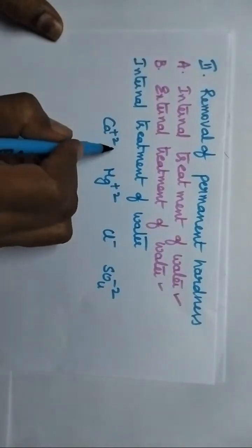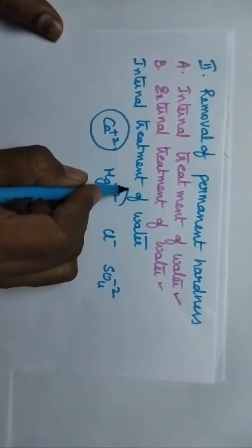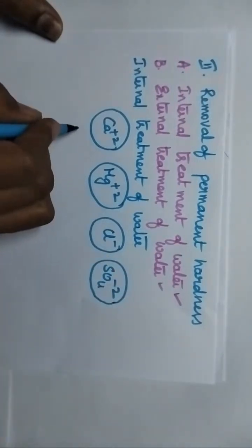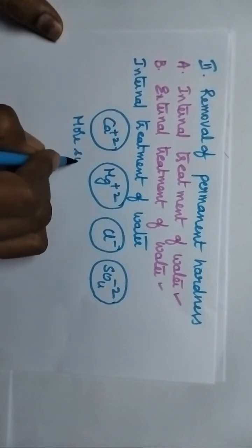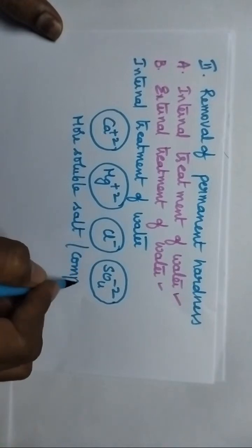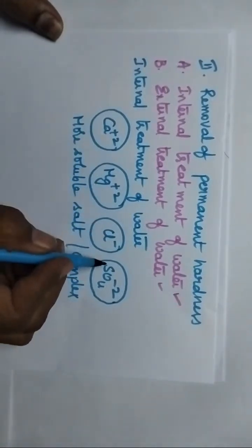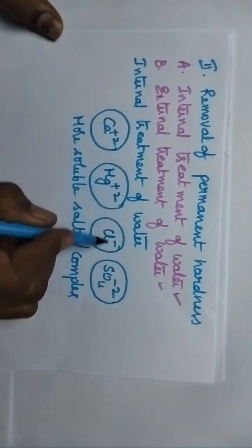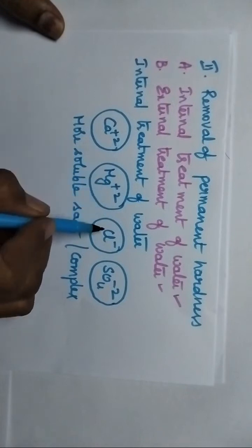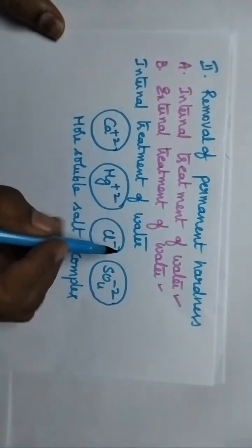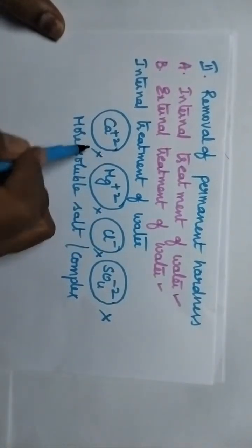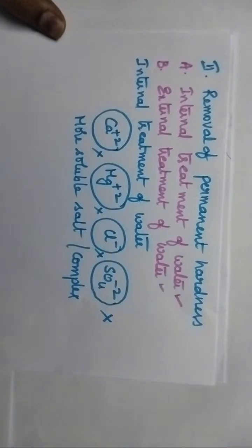So in this method, an ion is prohibited to exhibit its original character by converting it into more soluble salt or by forming a complex. So when these ions are present in water, they are responsible for the total hardness. So in order to remove permanent hardness from the water, these ions are prohibited to exhibit their original character and thus permanent hardness can be removed from the water.